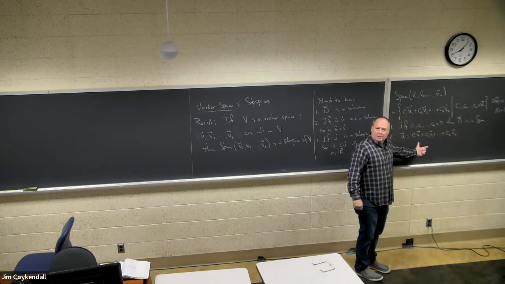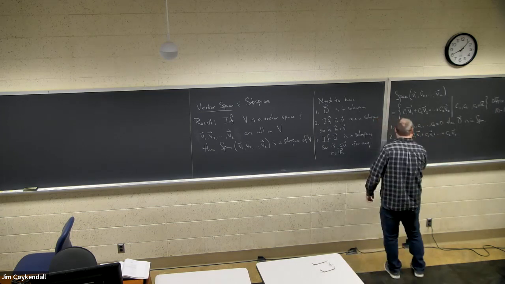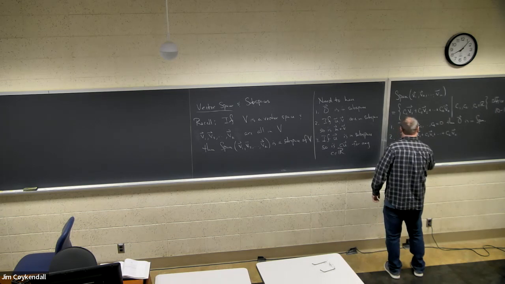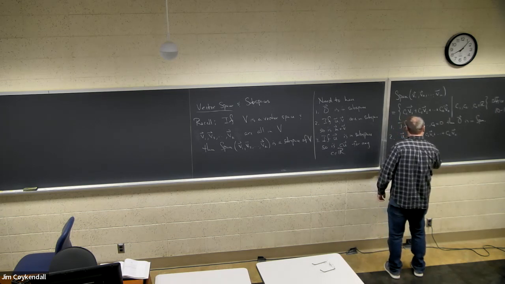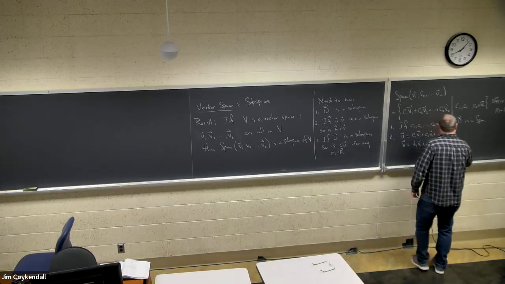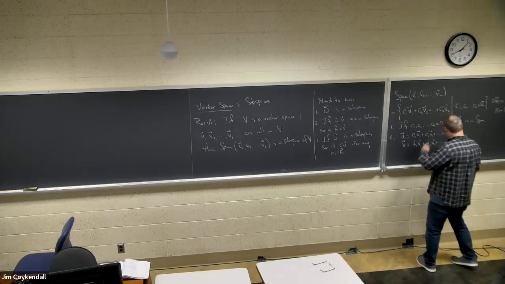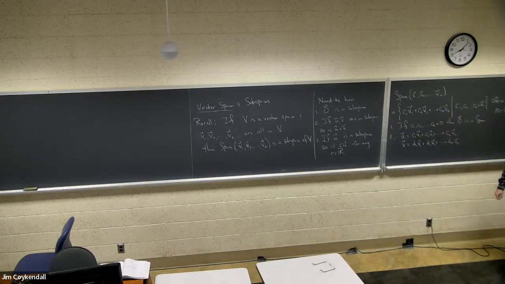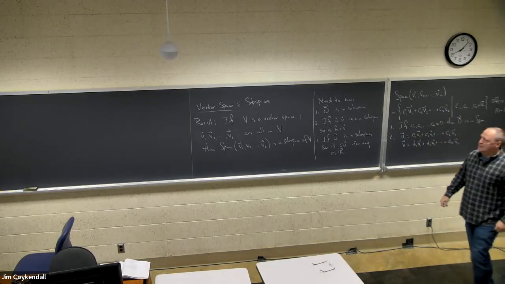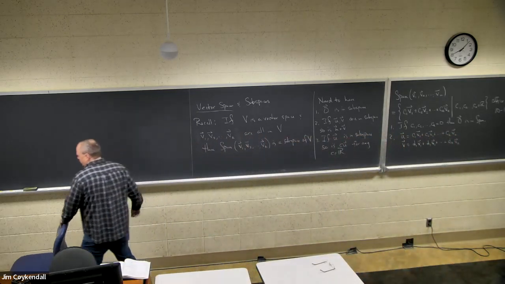That's what a typical element of a span looks like, right? And let's say V is in the span, where the D's are perhaps different.